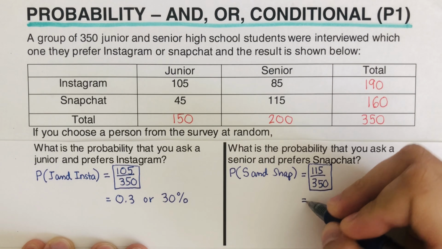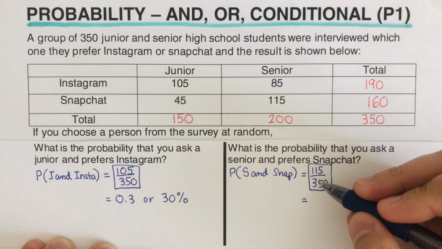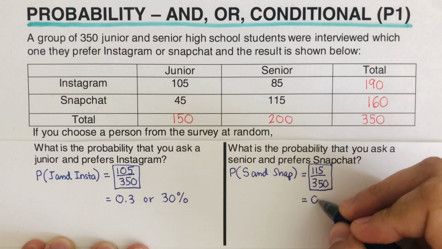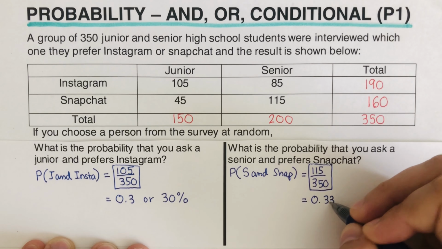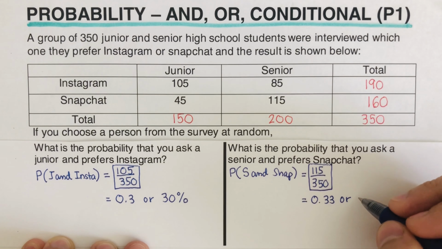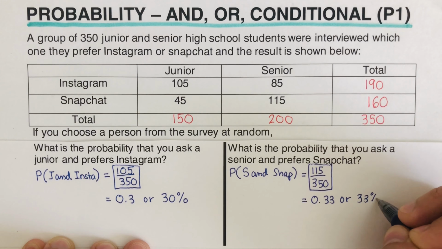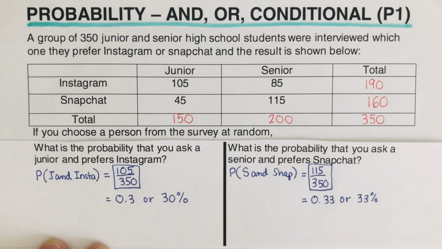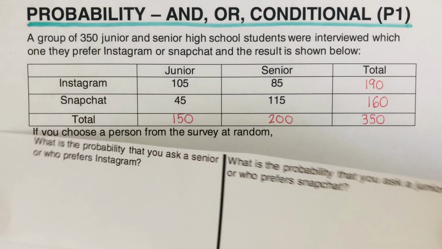If you divide 115 by 350 using a calculator, you get 0.33, or we can change this to a percentage, which would be 33%. Did you get the same answer? 33%? Good, perfect.